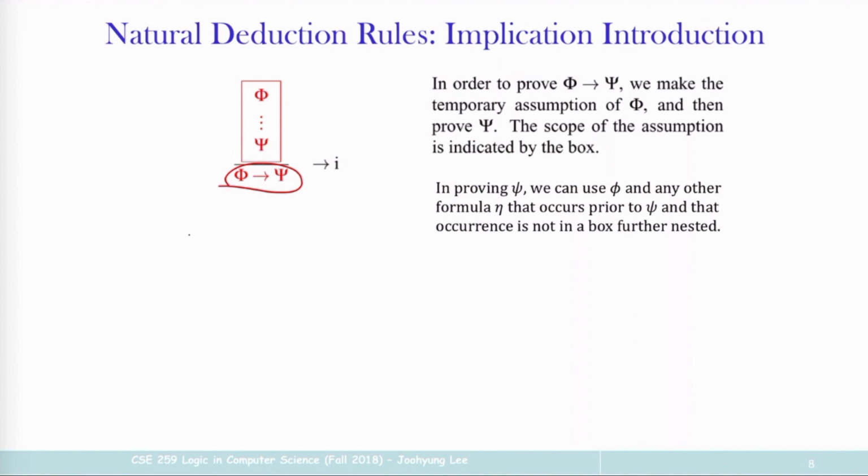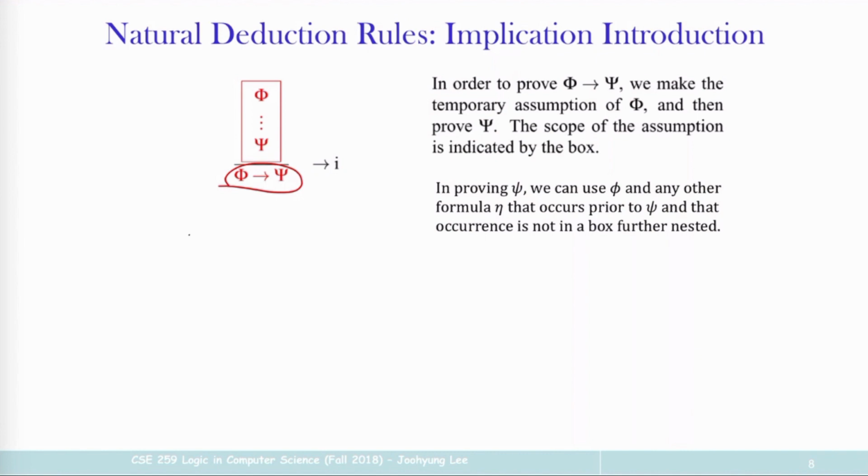The question is, what formulas can you use inside the box? Inside the box, you can use any formulas that were established before, as long as that formula is not in a box that is inner than the current box.